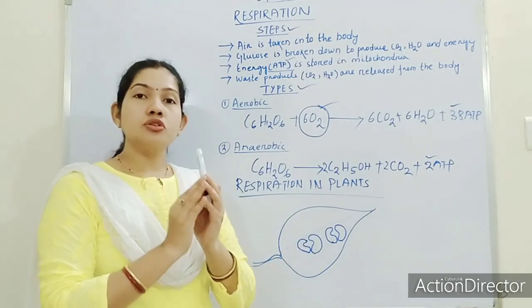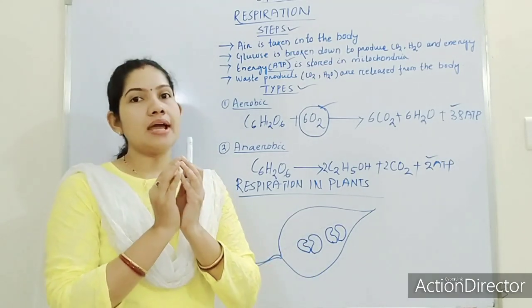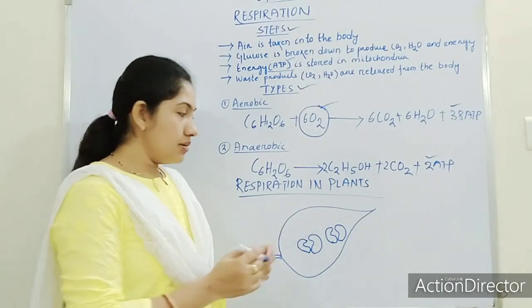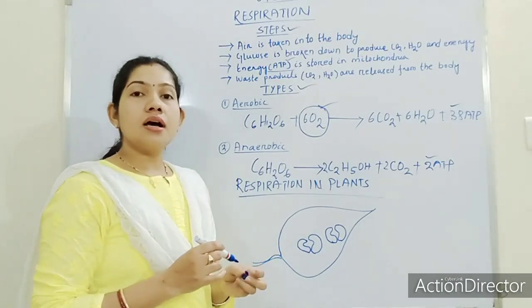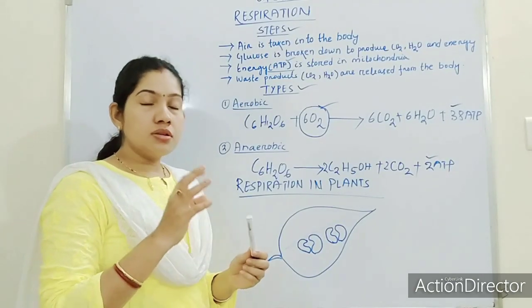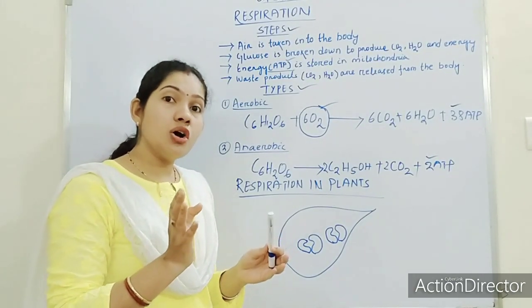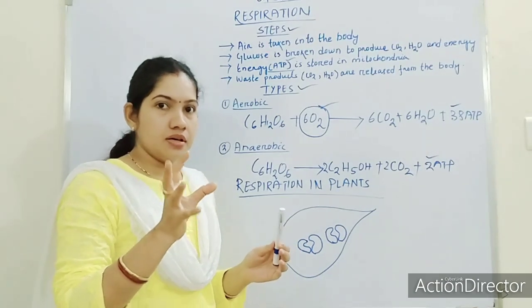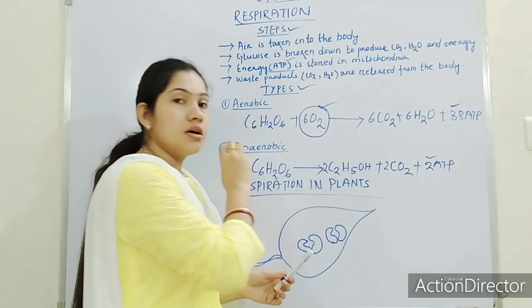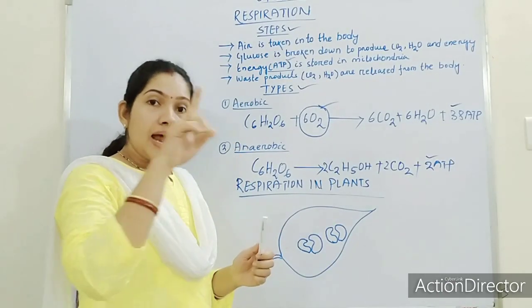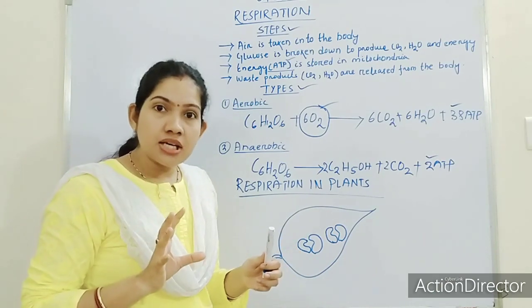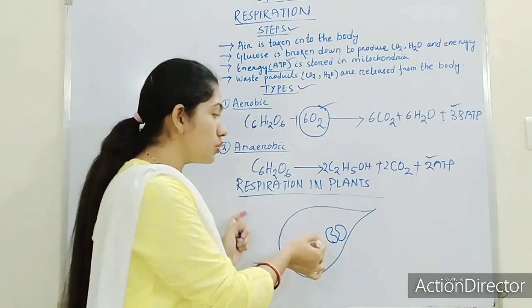During daytime the stomata are open, and during night time they are closed. So during daytime, due to the insufficiency of carbon dioxide inside the leaf, and the greater presence of carbon dioxide outside the leaf, carbon dioxide goes inside.